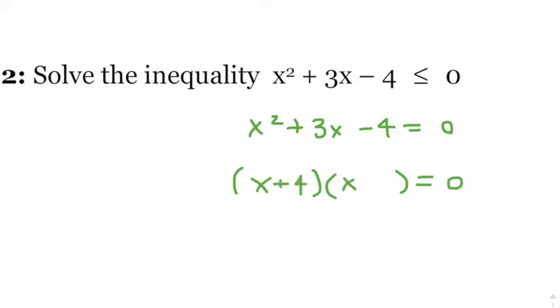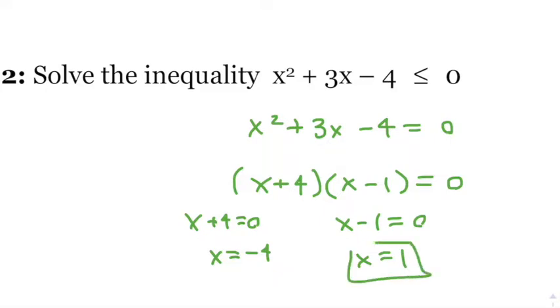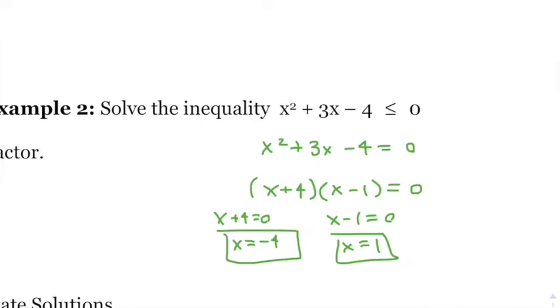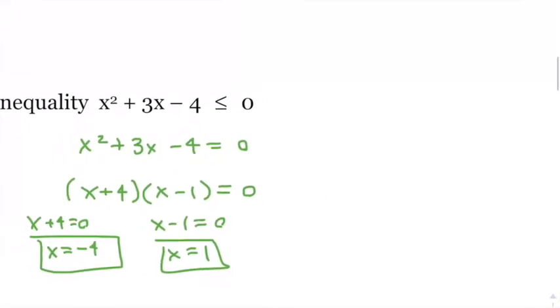So you could do +4 and -1. Then you're going to set your different factors: x plus 4 equal to 0, x minus 1 equal to 0. So therefore x equals -4 and x equals +1. Noticing factoring here is a big part of this unit, so you need to make sure you get that down.